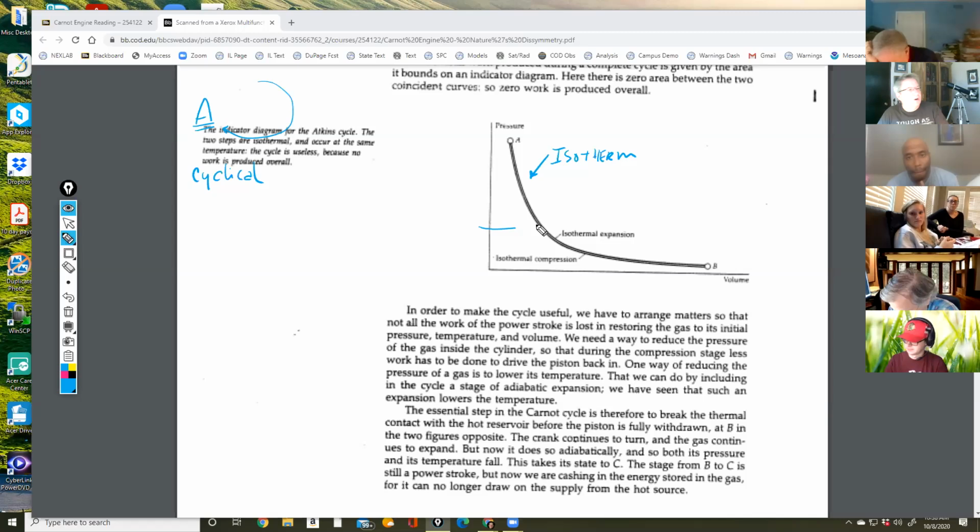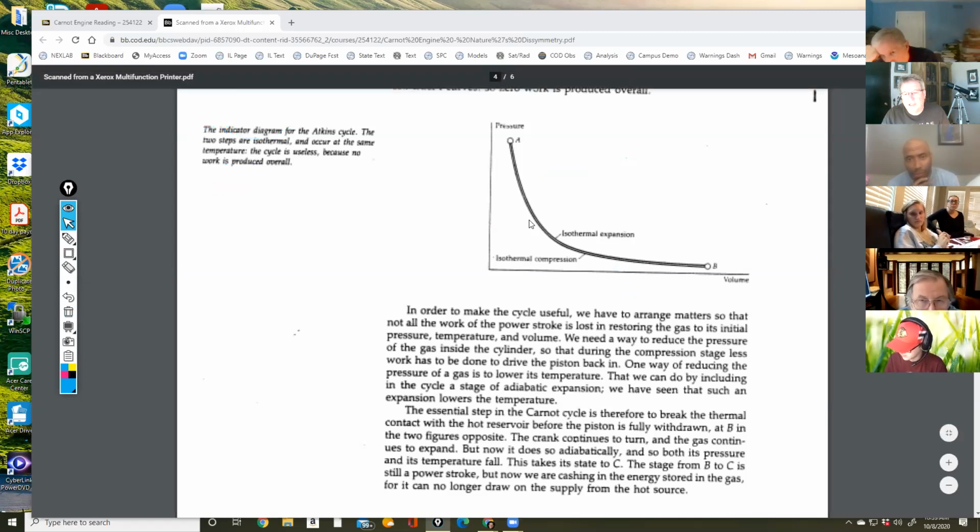What's the total work underneath this? Work going this way toward a higher volume is me doing work. The volume increasing is the gas doing work. What's the net work done? 0. It's the area under the curve.